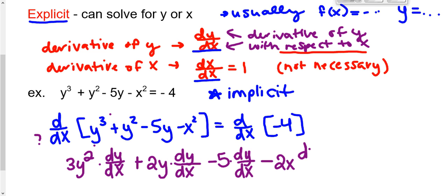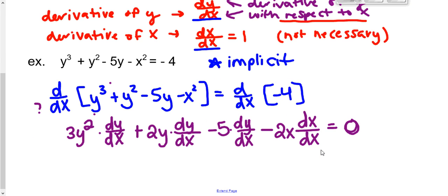This time we took the derivative of x with respect to x. Then we have equals, taking the derivative of 4, which is just 0. There was no x and y. You can put dx down there because technically it's implied, but it's times 0, so it's going to go away anyways. Constants, the derivative is always 0.